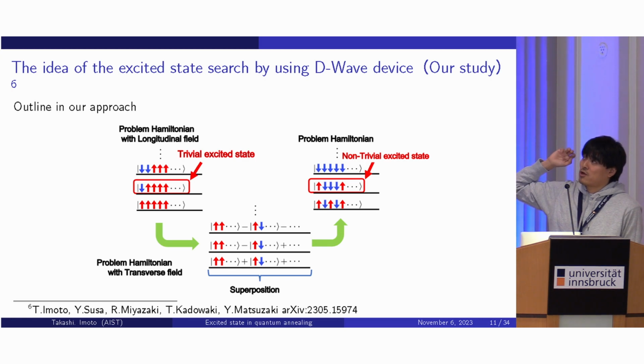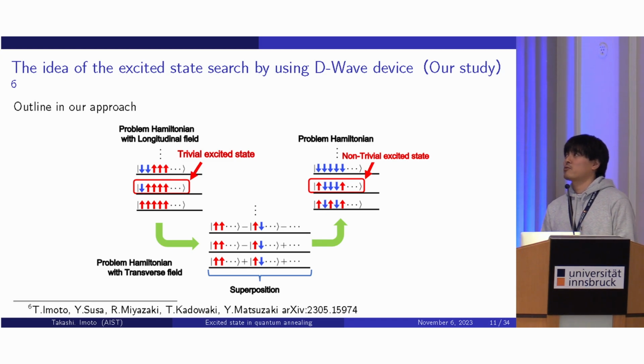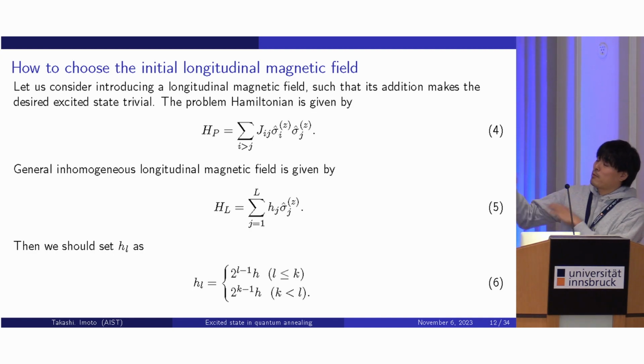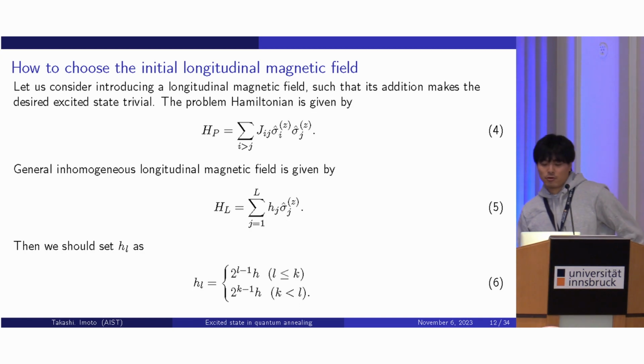We keep the transverse magnetic field constant and slowly decrease the longitudinal magnetic field. Then we consider the problem Hamiltonian with only the transverse field. Finally, we can obtain the excited state of the problem Hamiltonian, which is not trivial.